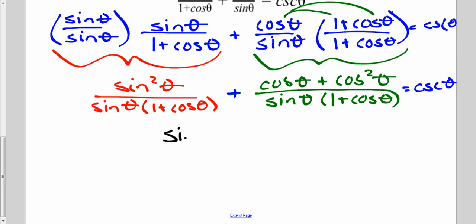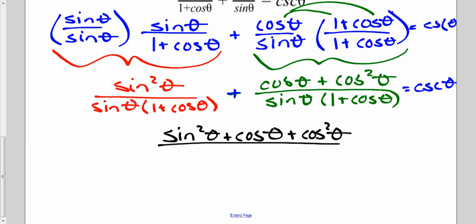I got sine squared theta plus cosine theta plus cosine squared theta all over sine theta times 1 plus cosine theta equals cosecant theta.